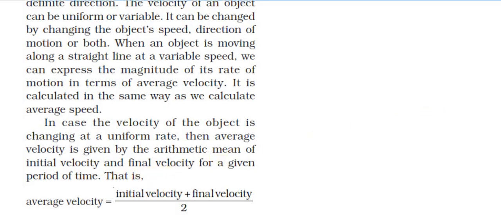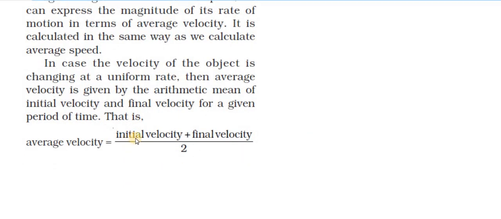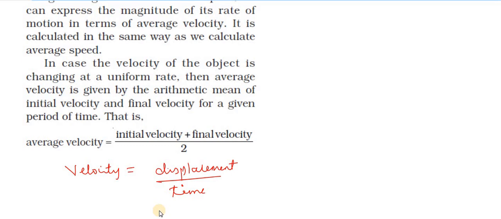So average velocity can be written as initial velocity plus final velocity divided by two, or we can write velocity as displacement divided by time taken. So what is velocity?